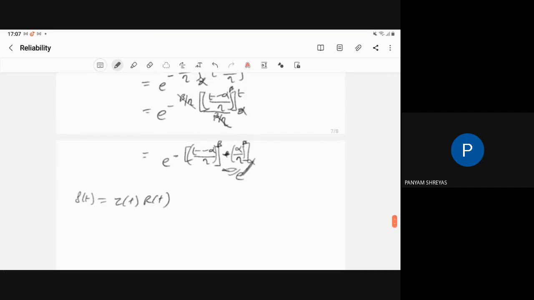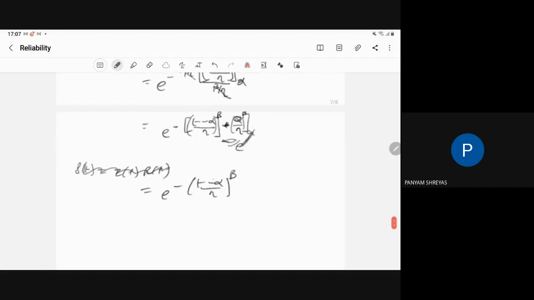Alpha minus alpha will be 0, so it will be 0. So this will become, just wait a bit. Here you write the 0 to power this. So e to power minus (t minus alpha) upon eta, to the power beta. Clear?